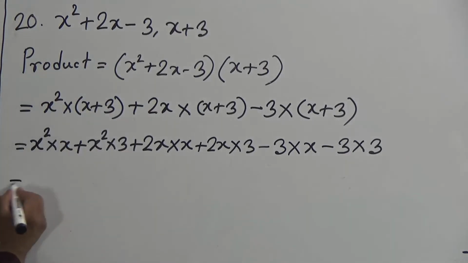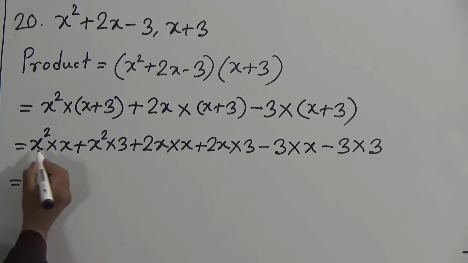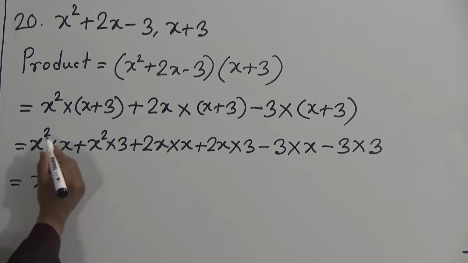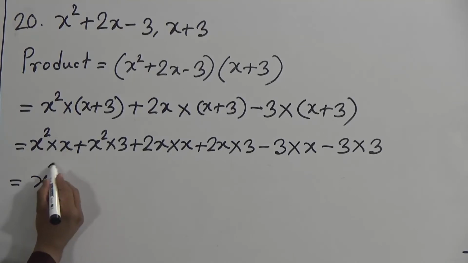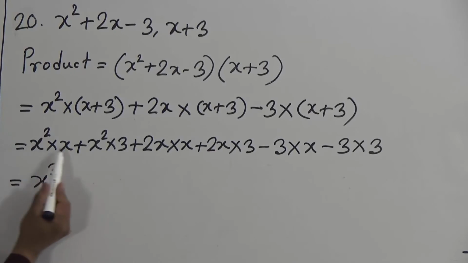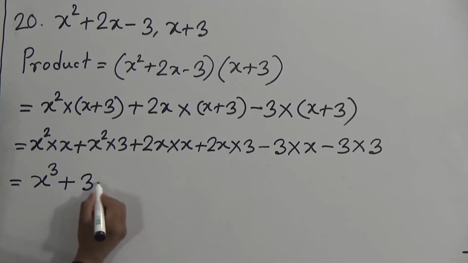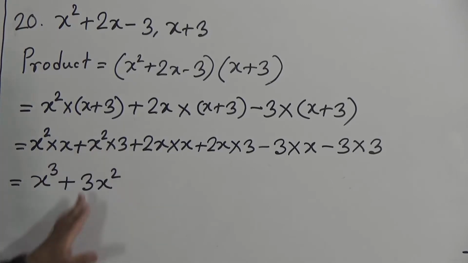Now it's a simple multiplication. I am going to skip one line here. x square multiplied with x, we will get x cube, by the help of the first formula. Now x square multiplied with 3, so we will write down 3x square.